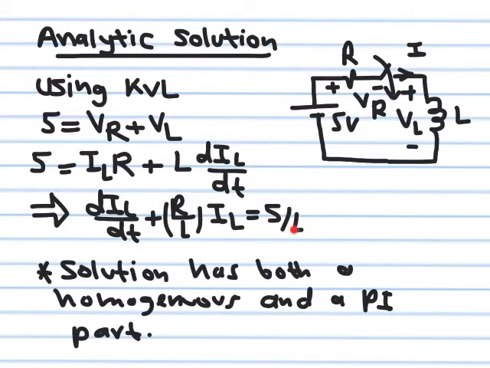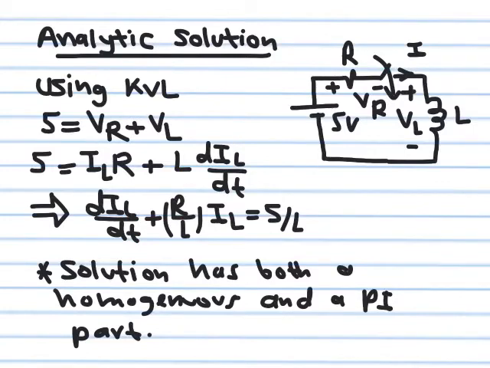If you put this term equal to 0, you get dIL/dt plus R/L IL is equal to 0. IL is a function of time, and if you consider IL like y and t is x, this is telling you dy/dx plus a constant multiplying y is equal to 0. It's a typical ordinary differential equation, and its solution is a decaying exponential.